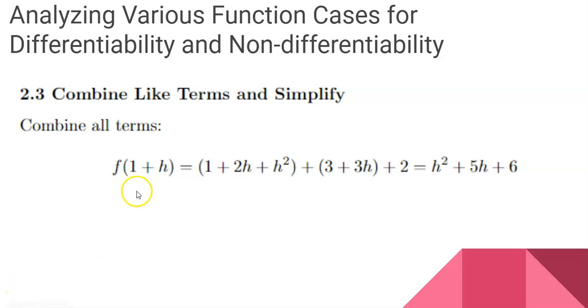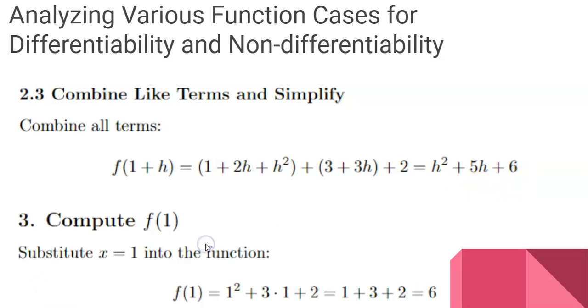So f(1 + h) = h² + 5h + 6. Next, we compute for f(1). So substitute x = 1 into the function. So f(1) = 1² + 3 times 1 + 2. That gives us 1 + 3 + 2, which is equal to 6.